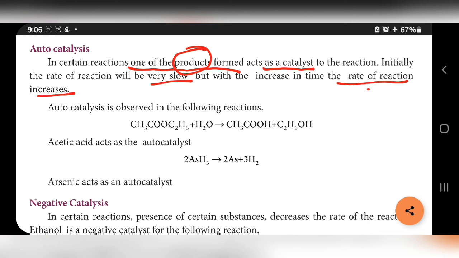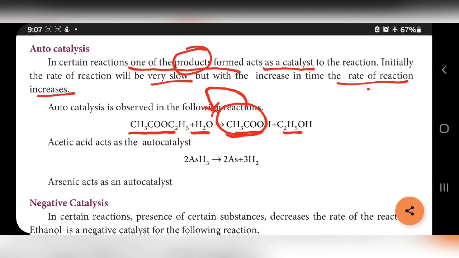Autocatalysis is observed in the following reactions. Ethyl acetate reacts with water, and we get acetic acid and ethyl alcohol. In this reaction, acetic acid acts as an autocatalyst. It helps to increase the rate of the reaction.